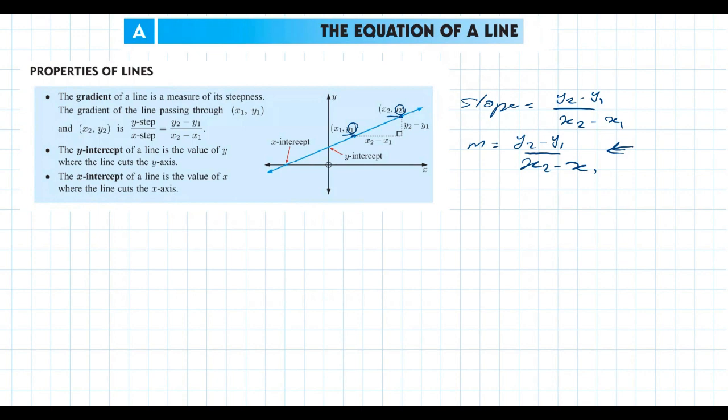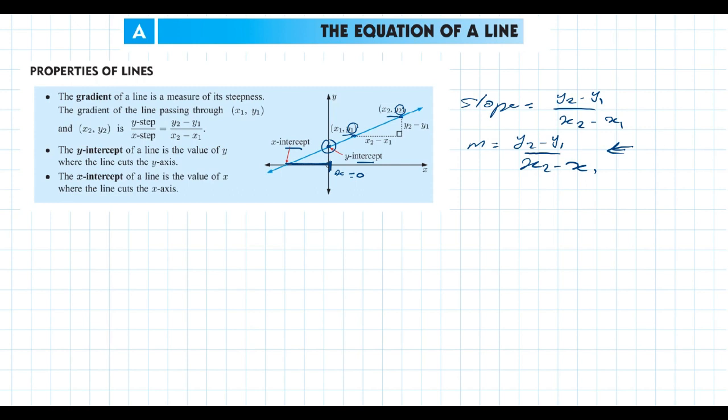Then after that, we're going to talk about the y-intercept concept. The y-intercept is the intersection point between the y-axis and the line. Notice that we determine this point when x equals 0. And about the x-intercept, you determine it when y equals 0, by the way.